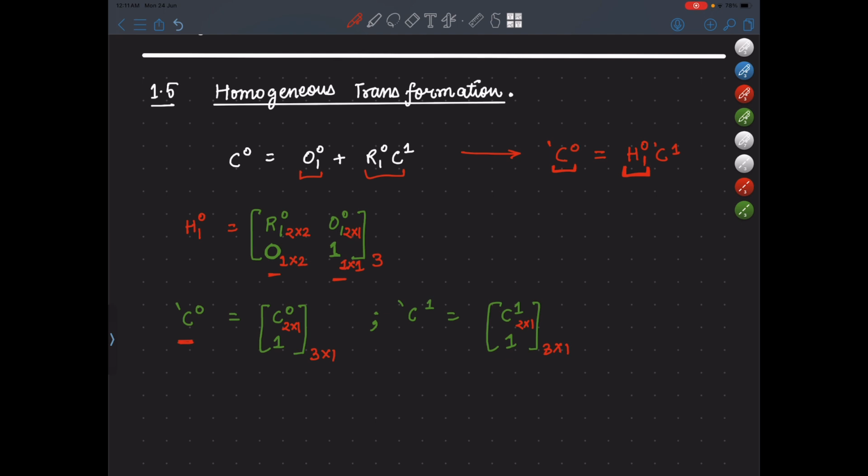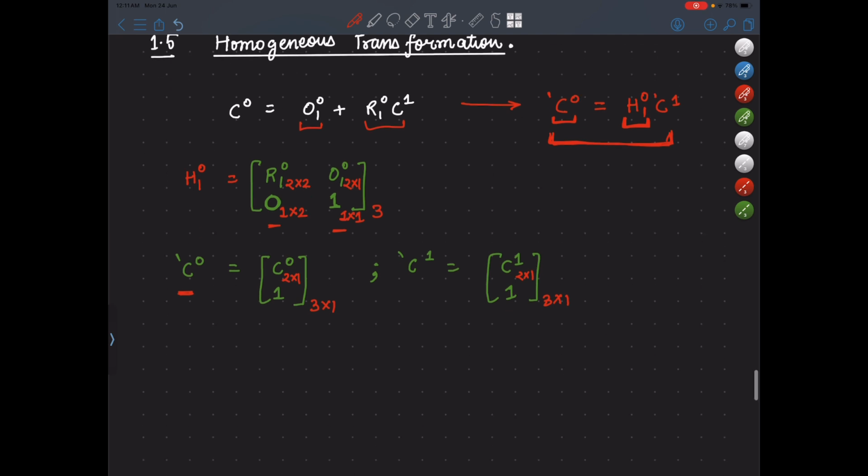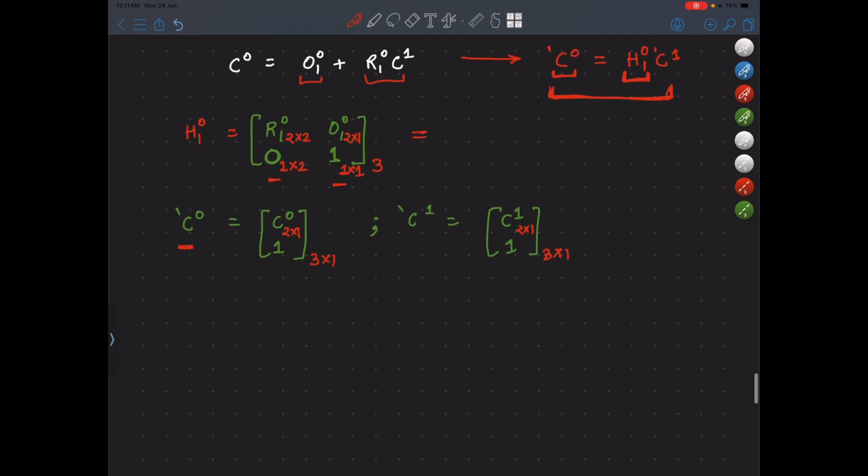Why is this helpful, and how does this relation hold? Let's try to see. If we expand this, let's say R1 naught is given by cos theta, minus sin theta, sin theta, cos theta, and O1 naught is given by x naught, y naught.